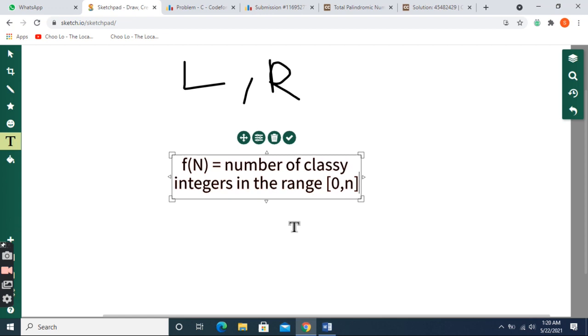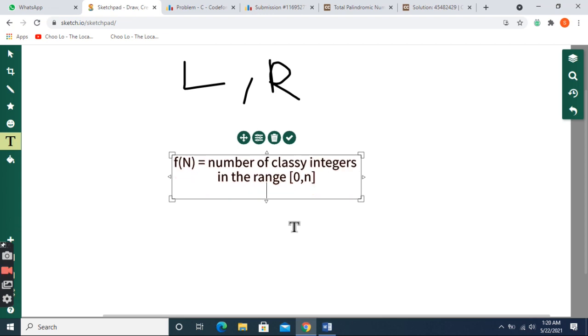Why? Because if I calculate this f(n) for each n fast enough, then my answer will simply be f(R) minus f(L minus 1). Right? This will be my answer.